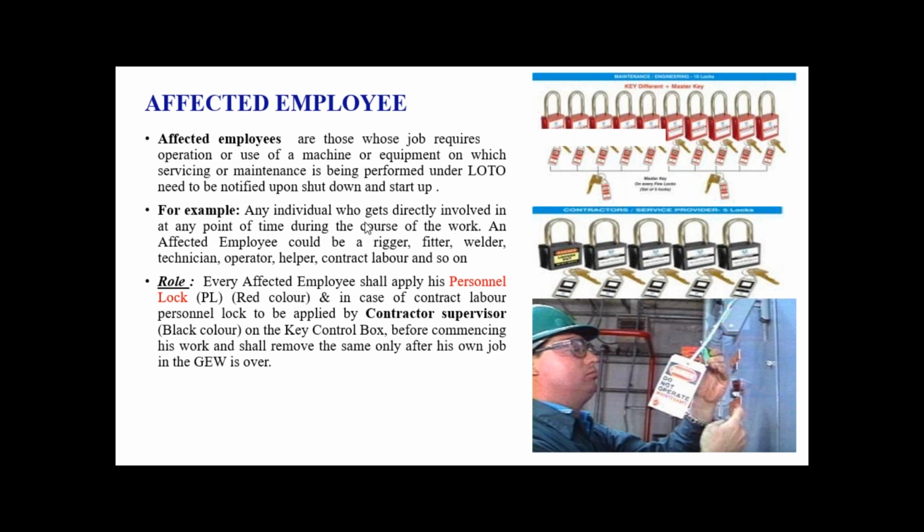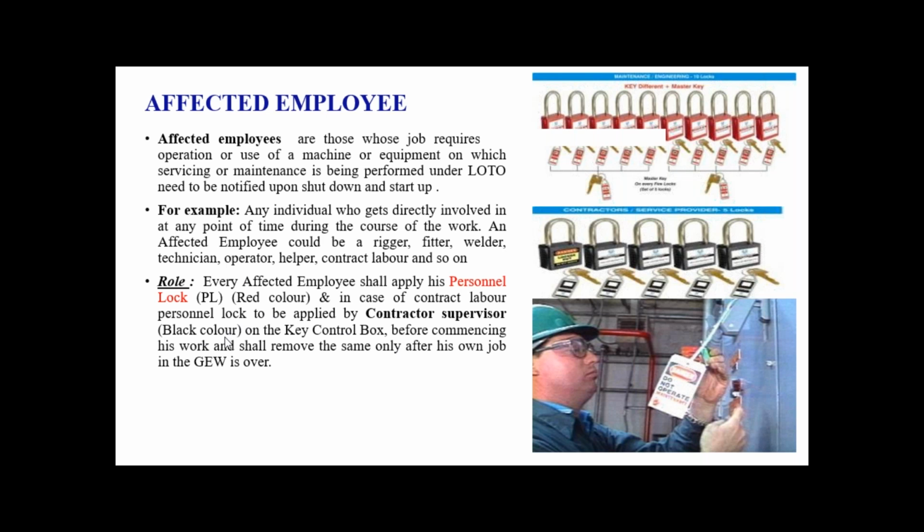So what is the role of the affected employees? Every affected employee shall apply his personal lock, which is red in color. In case of contract labor, the personal lock is to be applied by the contractor supervisor, and that should be black in color. This color coding can be identified easily by safety officers or any person responsible for observations and inspection in the industry.